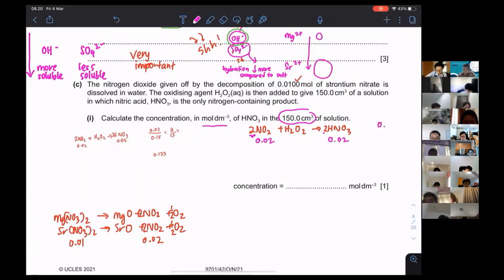Take the number of moles, 0.02, and the volume, 0.15 dm cube. You divide and you will get 0.133 mol per dm cube. That's the concentration.